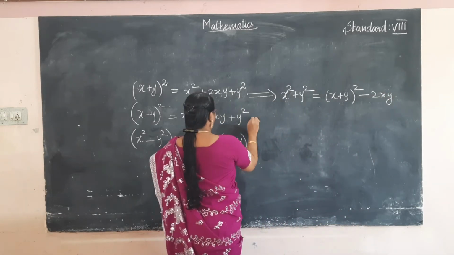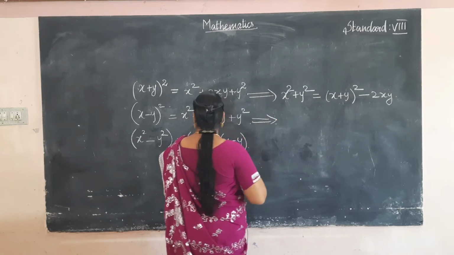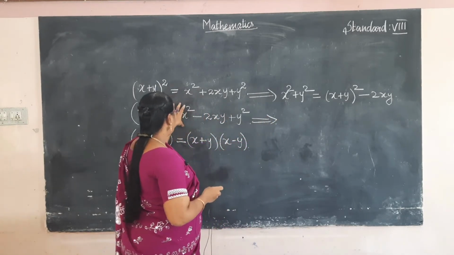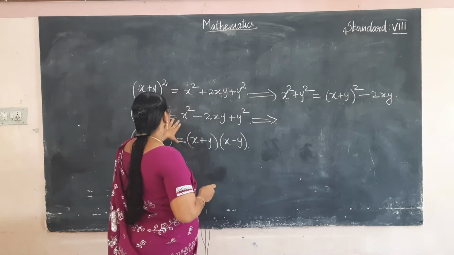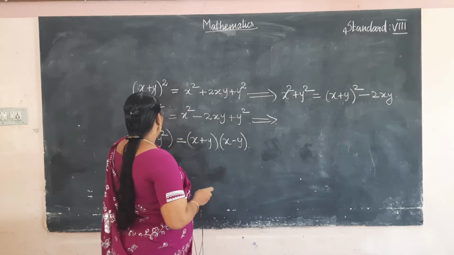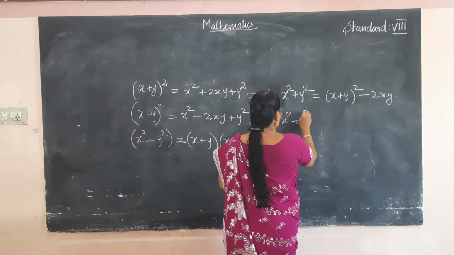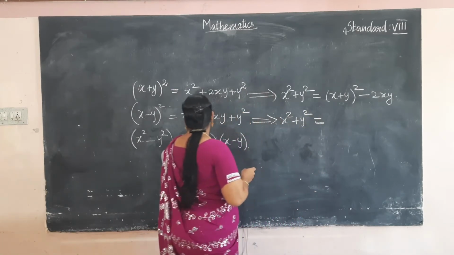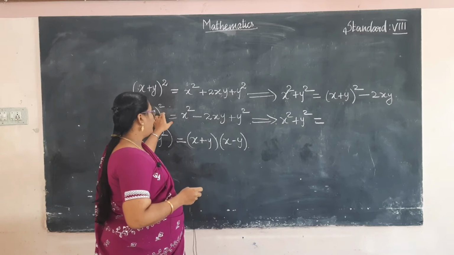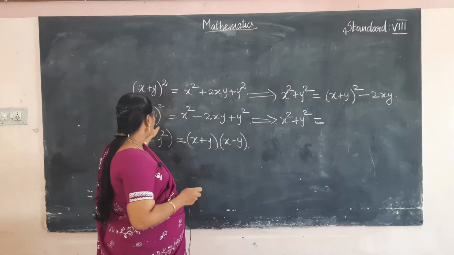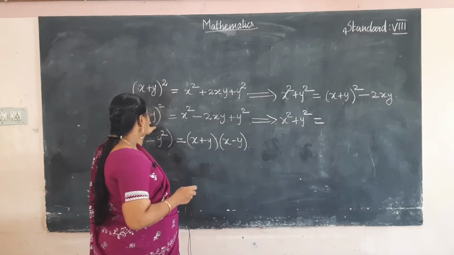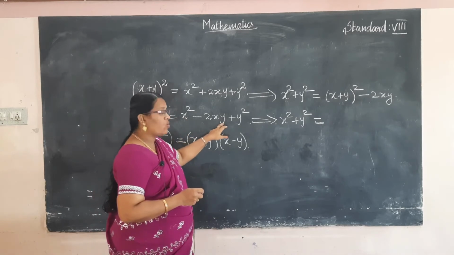Okay, and the second one. Here also we need x squared plus y squared. For this formula, sometimes the value of x minus y the whole squared is given, and sometimes the value of x minus y the whole squared and xy are given.